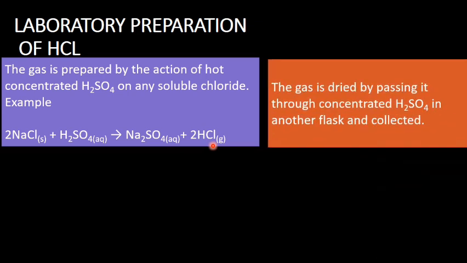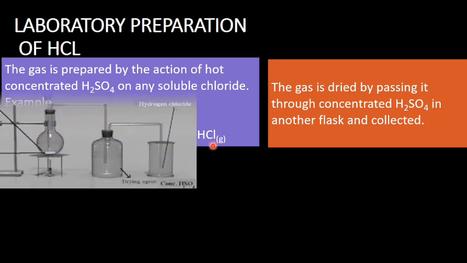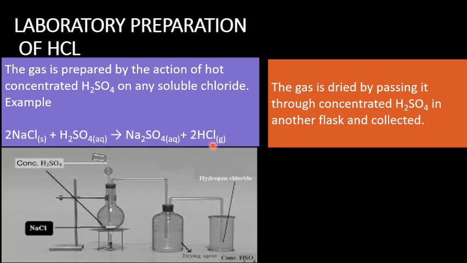So this gas is dried by passing it through concentrated H2SO4 in another flask and is then collected. This is a schematic illustration here. We have concentrated H2SO4 being poured onto the sodium chloride in a flat bottom flask through the thistle funnel. Upon adding all this, a reaction will occur.